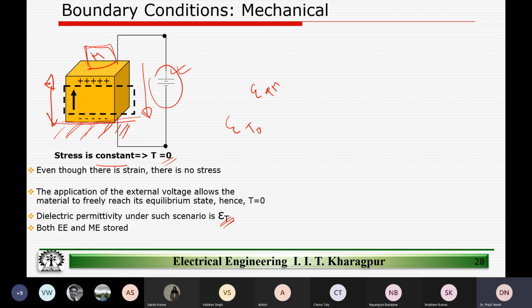Here we have both electrical and mechanical energy stored, because the material is also getting modified, or deformed. So from that point of view, if we have a mass m, can you explain a little bit more in physical terms?